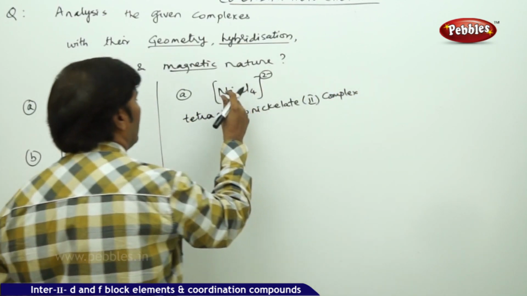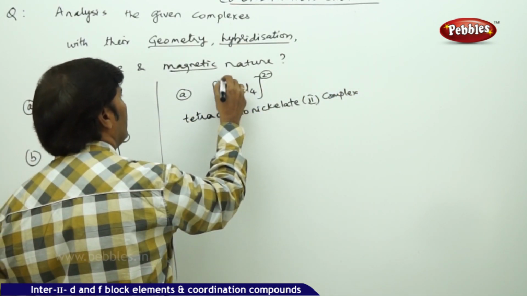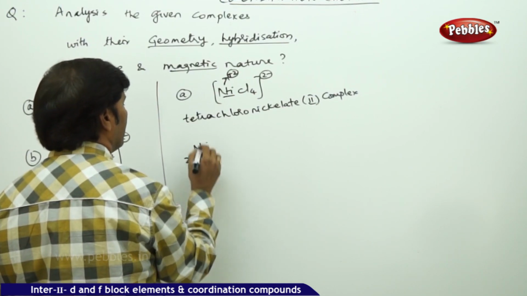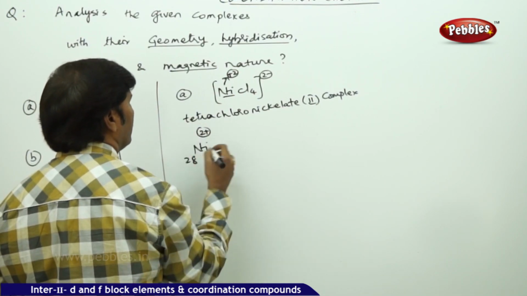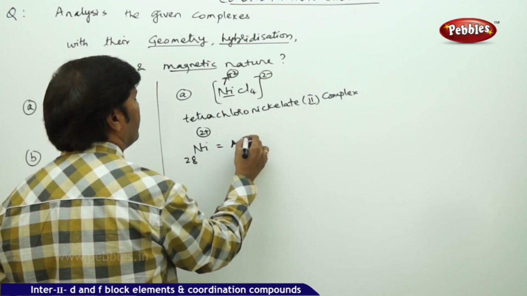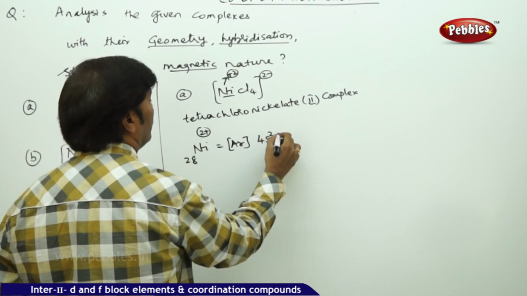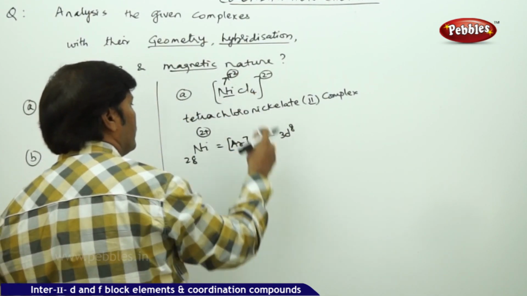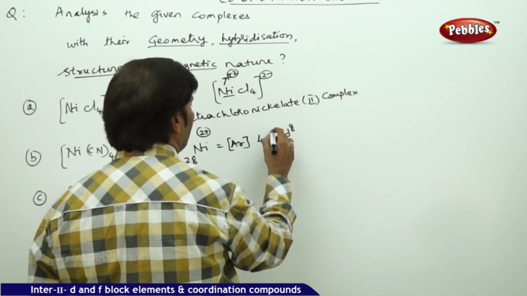So how do you calculate the oxidation state? The oxidation state of nickel is +2. Nickel has atomic number 28, carrying +2 oxidation state. Write the configuration: argon 4s2 3d8 is the configuration, but it is carrying 2 units of positive charge, so I am removing 2 electrons.